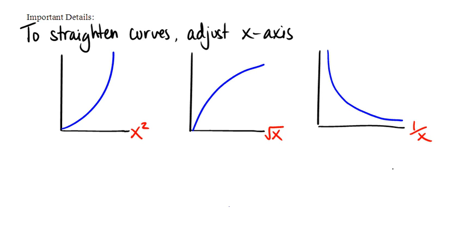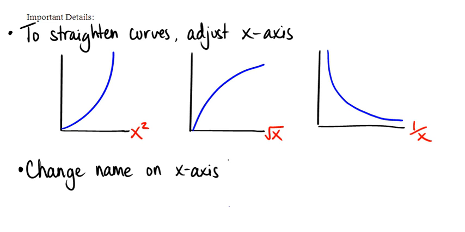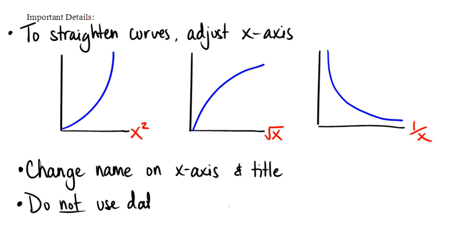A couple of other things to keep in mind. You have to change the name on the x-axis and your title to reflect that second graph when we square root, or take the reciprocal. Make sure that you don't use data points for your slope triangle.